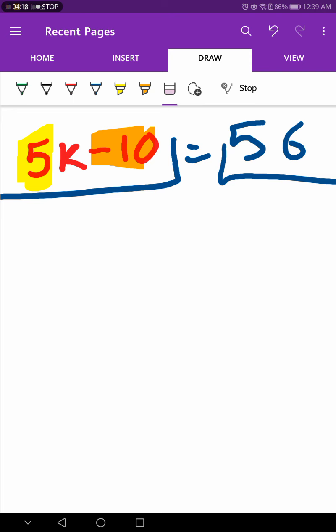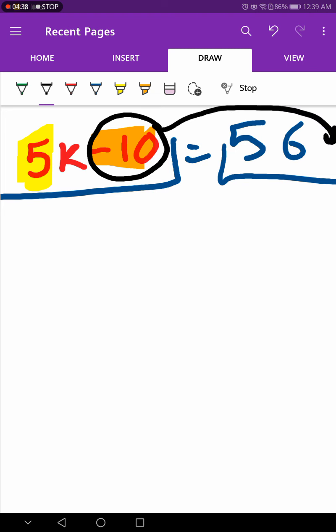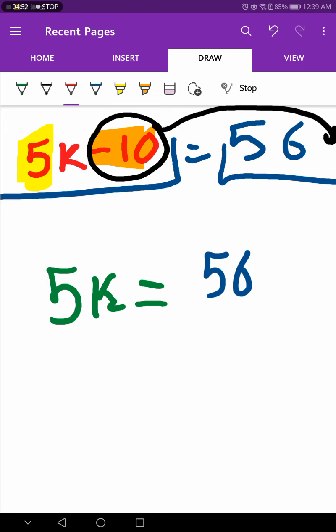And I told you before that if you have a term, throw it to the other side. So the negative 10 is the term that I need to move to the right side. So 5k coming down, and I have here 56 negative 10.